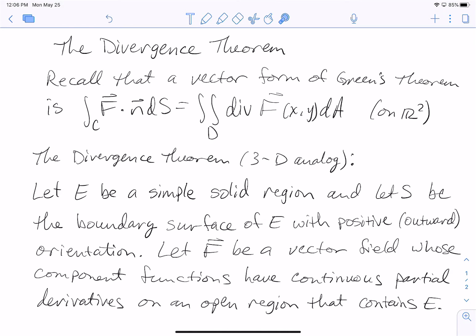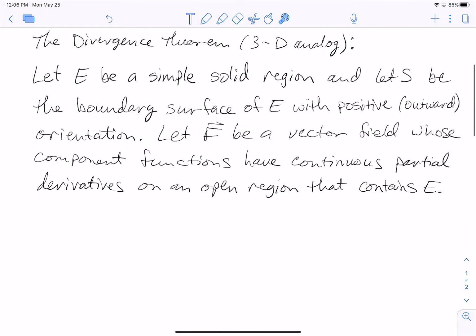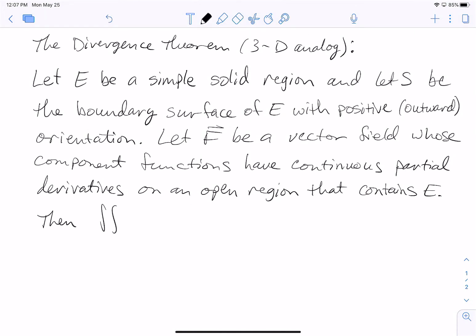We're also considering a vector field F whose component functions have continuous partial derivatives on an open region that contains E. With these requirements in place, the surface integral over S of F dot dS, so the flux, is equal to a triple integral over E of the divergence of F dV.